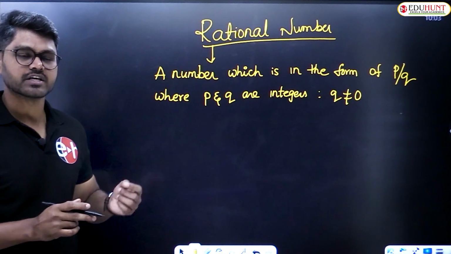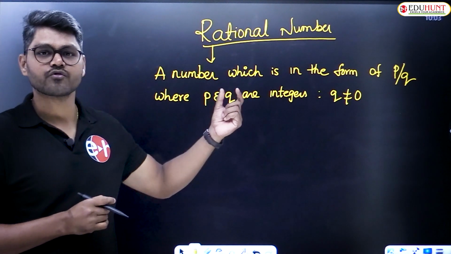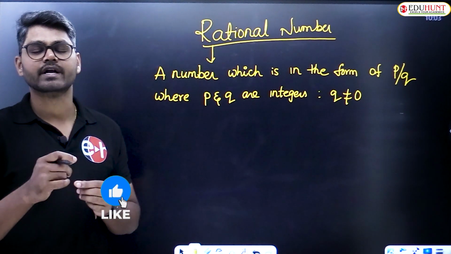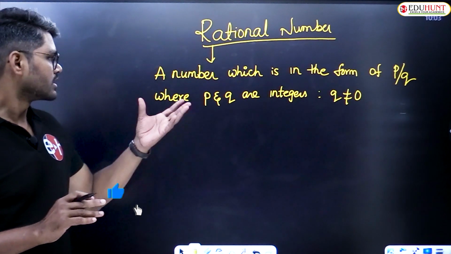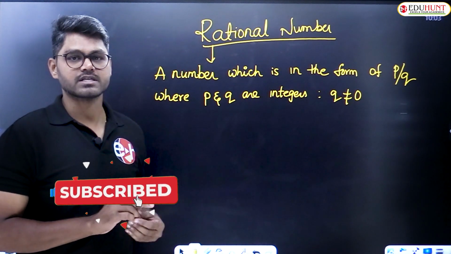This is the definition of a rational number. A number which is in the form of p by q, where p and q are integers and q is not equal to 0. This type of number is called a rational number.